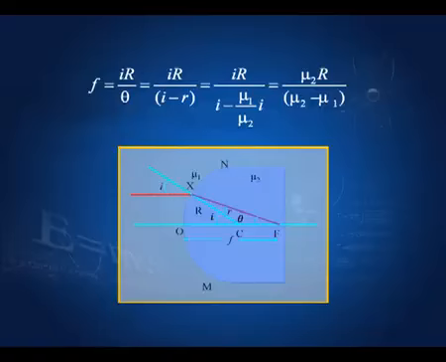So, we have got these equations, and the following expression: f is equal to i r by theta, i r by theta is i minus r, and i minus r is mu 1 by mu 2 times i according to the laws of refraction, and therefore, ultimately we get f equal to mu 2 r divided by mu 2 minus mu 1.